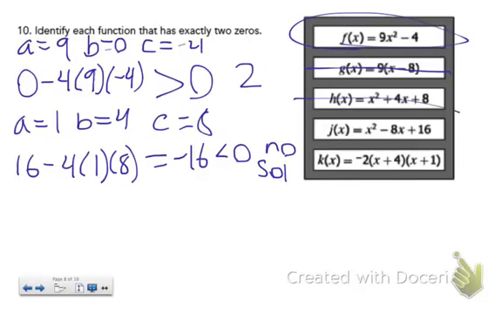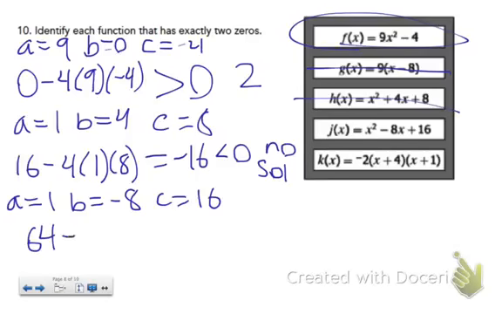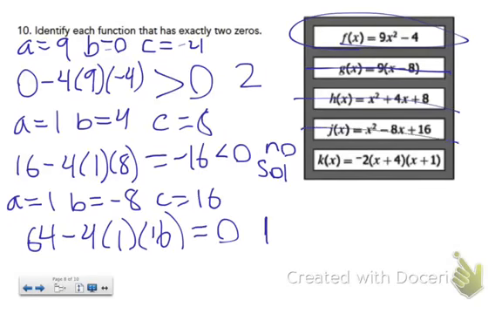So I'm not going to click that one. J of x, A is 1, B is negative 8, and C is 16. That would be negative 8 squared, 64, minus 4 times 1 times 16. 4 times 16 is 64. 64 minus 64 is 0. So it has one solution. Not going to click that one.